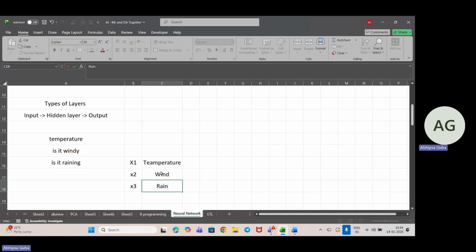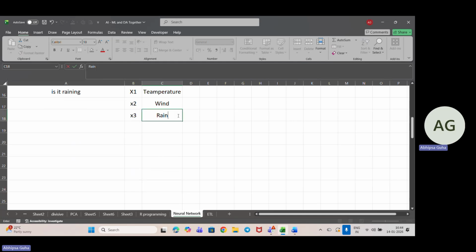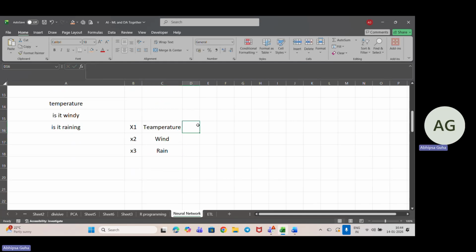These are just numbers. The temperature is 10 degrees centigrade. Wind, suppose it is given as yes. And rain is given as no.